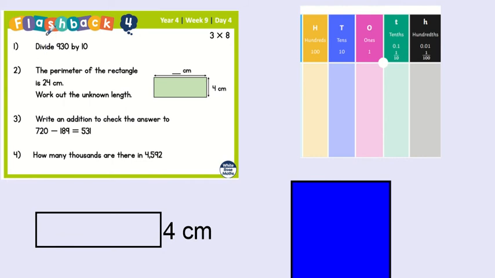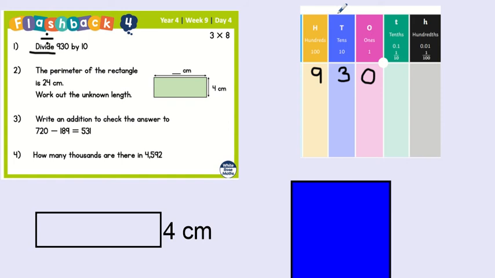Divide 930 by 10. Now, if you're not sure how to do this, don't forget that when we're in school, we use a place value chart to help us. Now, when we divide, our answer will always be smaller than the number we're starting with. Okay, now I'm dividing by 10.